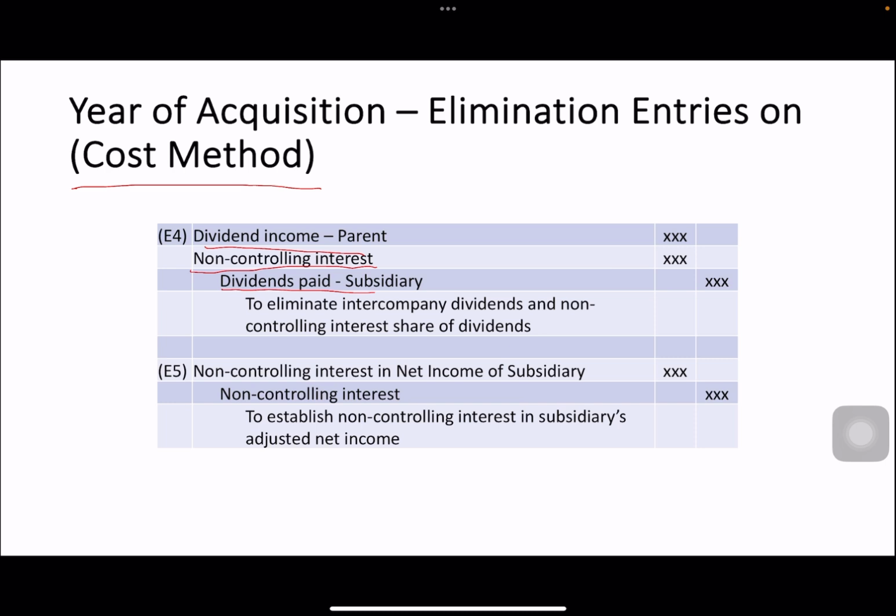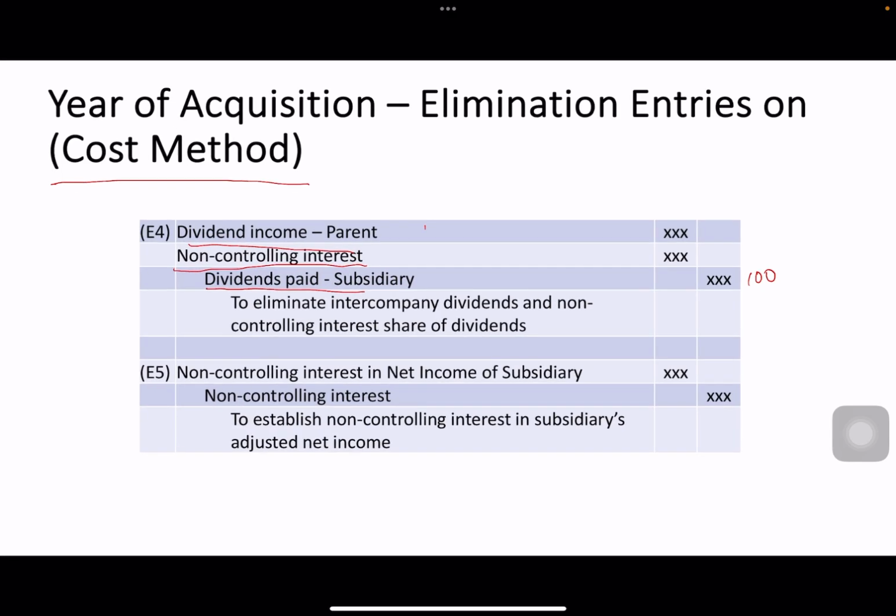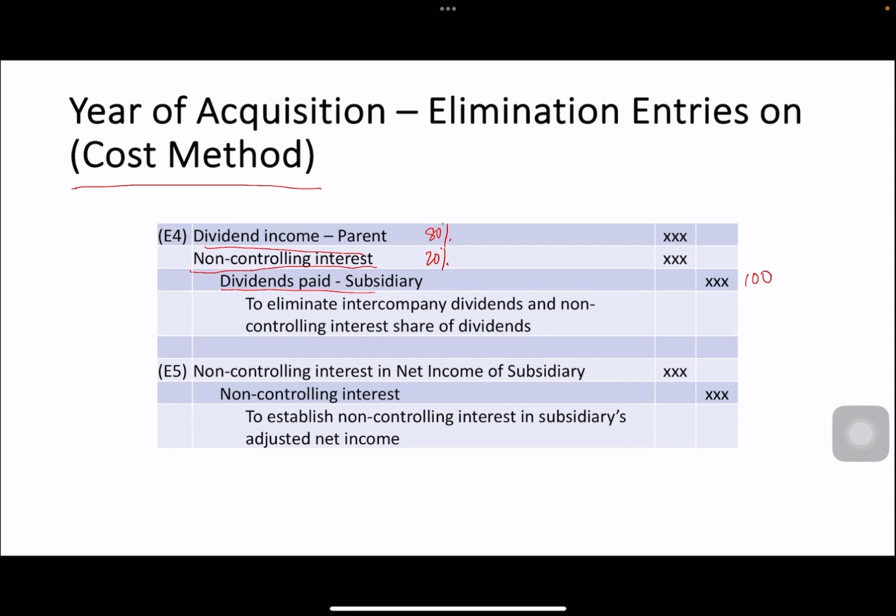Let's say that the total dividends paid by the subsidiary is 100, and the parent's interest is 80%, while the NCI is 20%. Of the 100 dividends paid by the subsidiary, 80 is paid to the parent and 20 is paid to NCI.